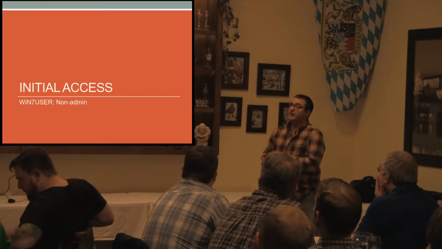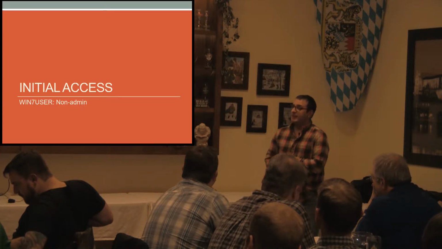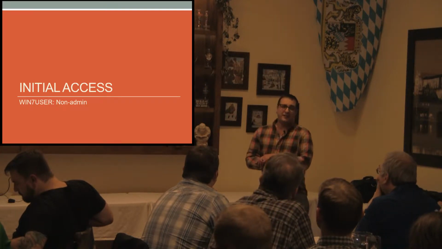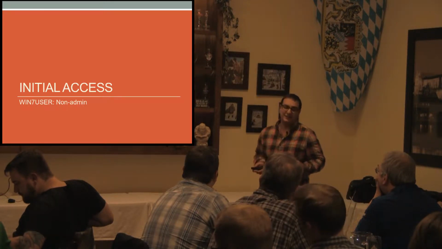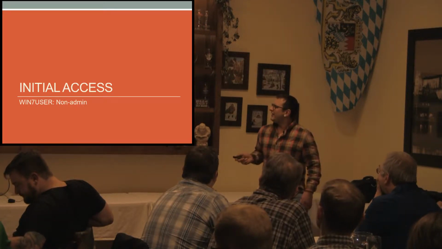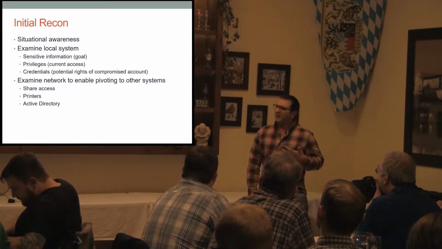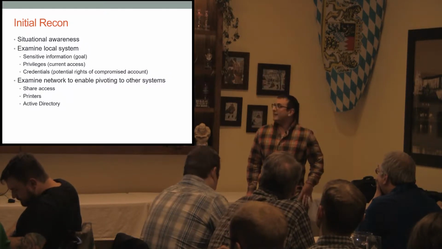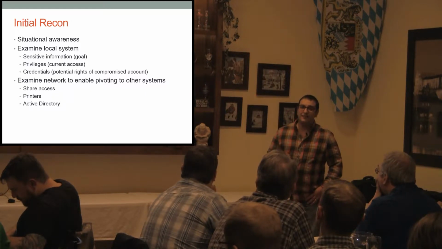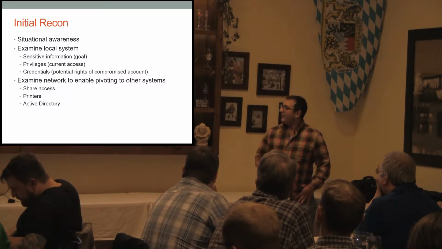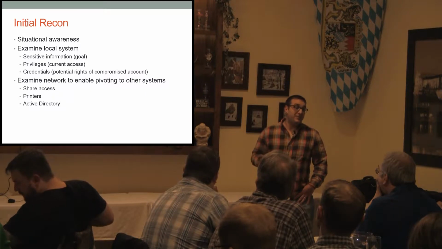So right now we're going to start out and talk about initial access to the environment. This is that first workstation you get access to. Win7 user, we're a non-admin user, and we're going to start talking about different attack paths. When an attacker lands on a box, basically they'll start looking for situational awareness, just trying to figure out who they are and what the sensitive information is that they care about there.